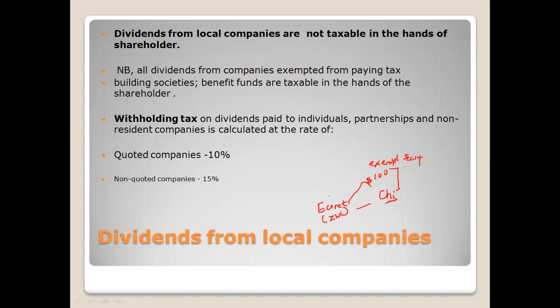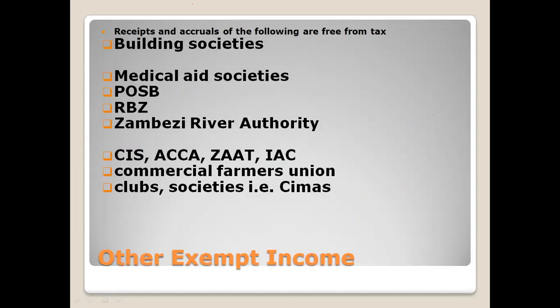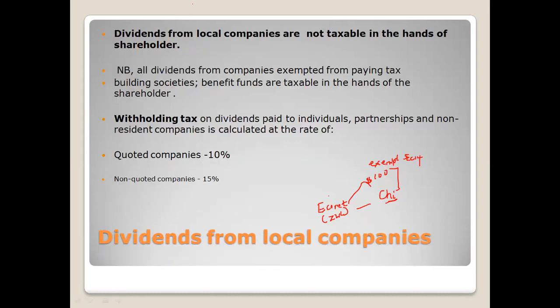So dividends from local companies are not taxable in the hands of the shareholder. That's very important for you to recall and remember. But there are some companies that are exempted from paying tax, for example building societies and benefit funds.